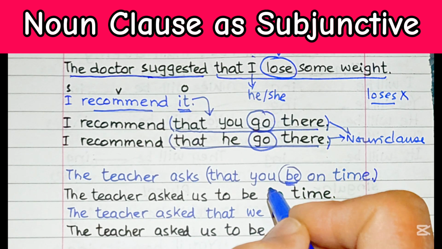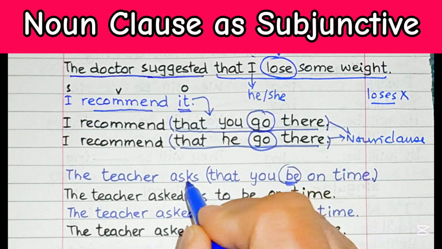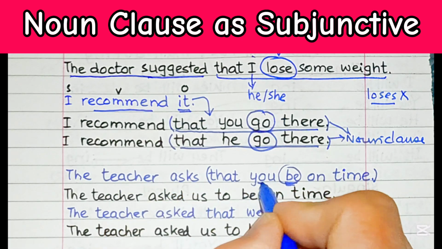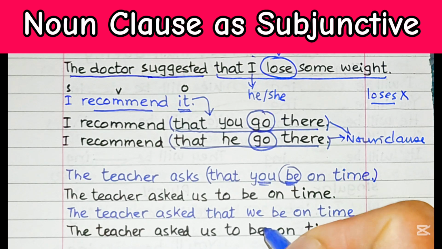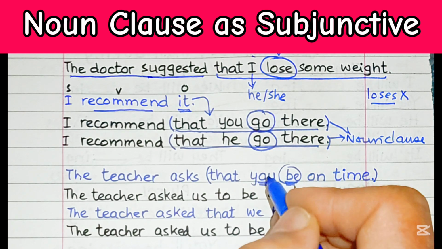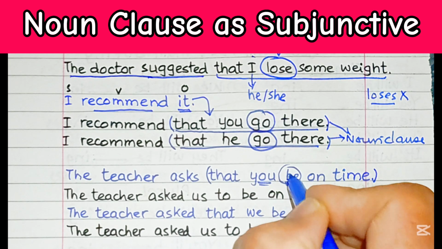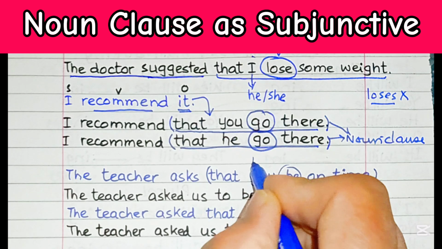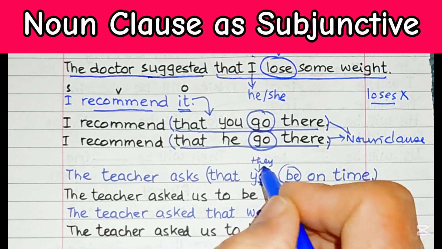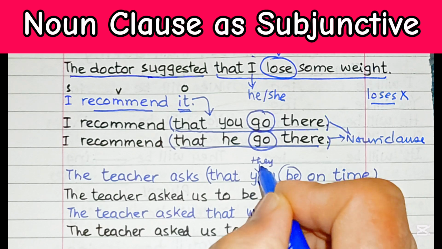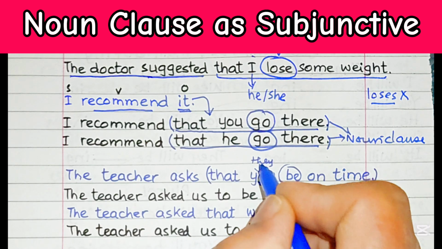We can change you to he quite easily, or we can change it to we, or they, whatever you want. We can replace this subject you by he, we, they, etc.